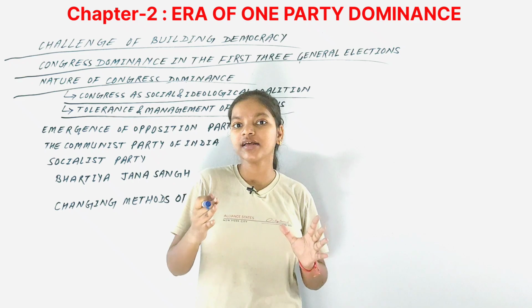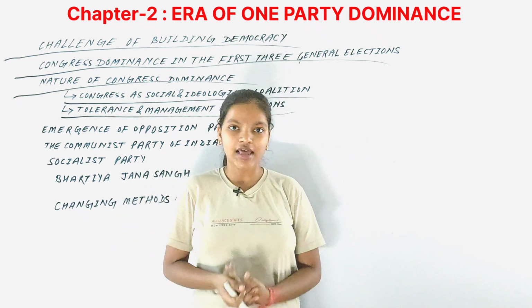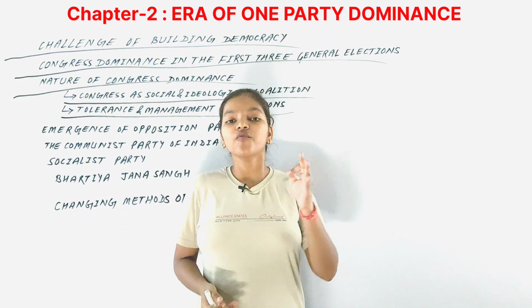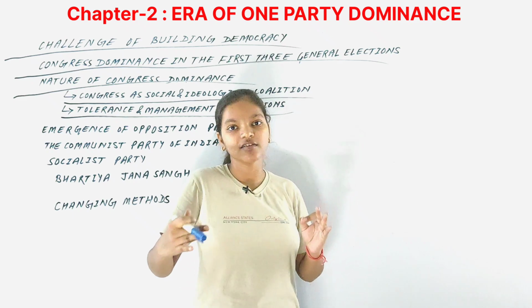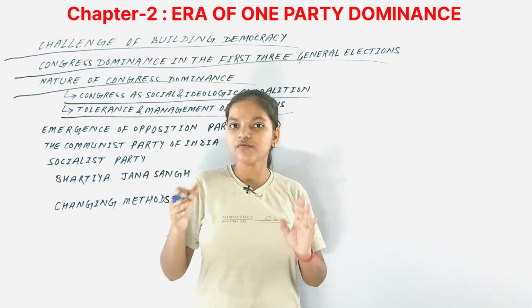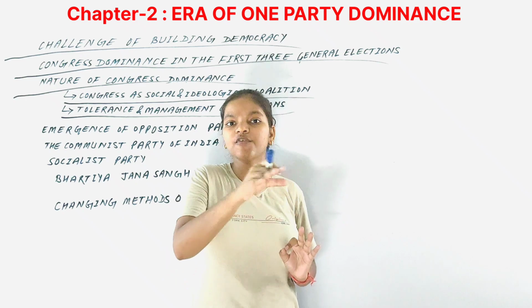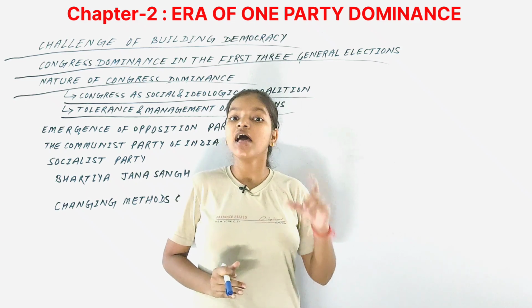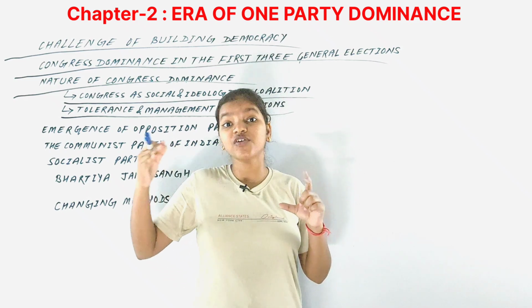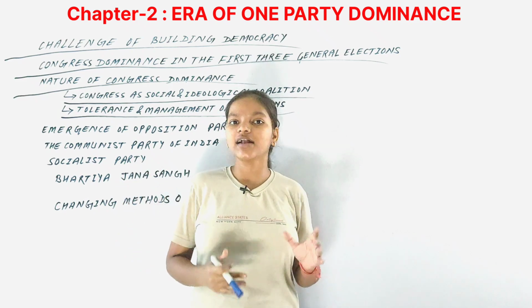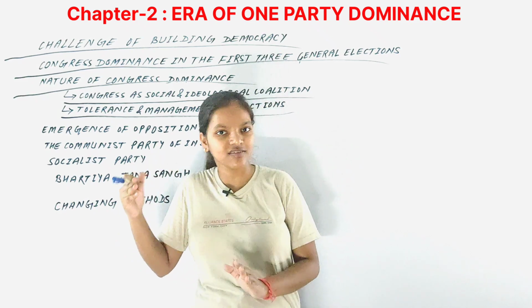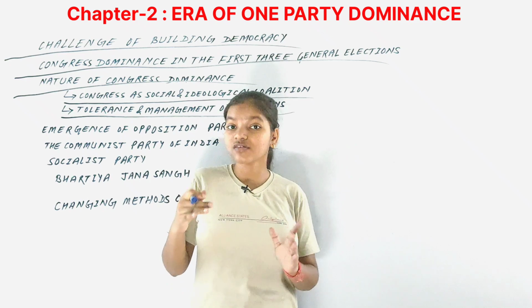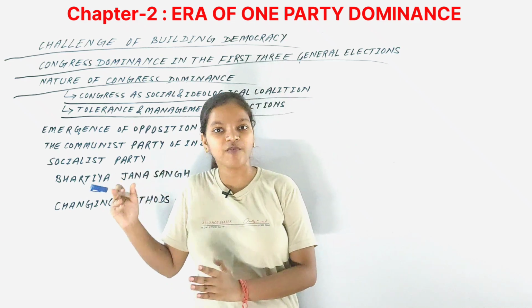Because the Congress party was not just a political party, it appeared as a platform. So what would happen? It would have to listen to all the different people, all the different factions it had. All the factions were in different states as well. You see that Congress had formed many different state congresses, and in those state congresses as well there were many factions.